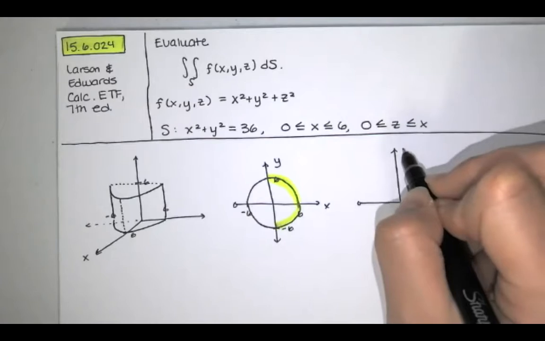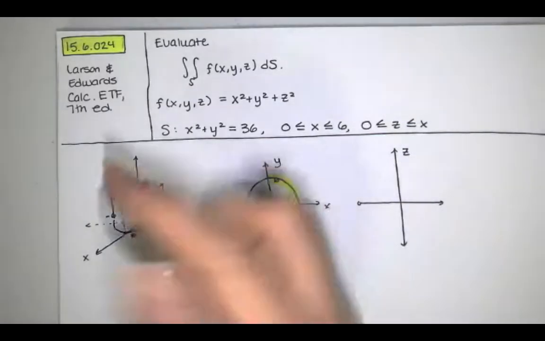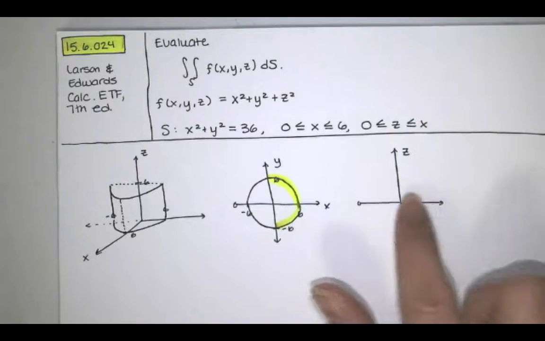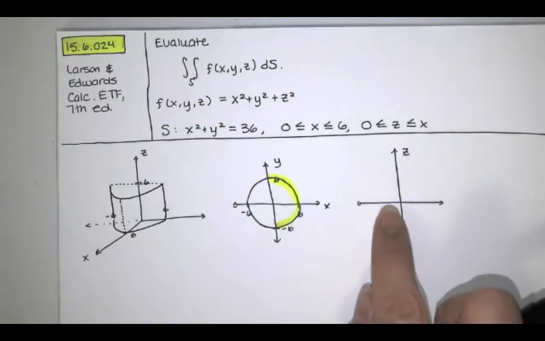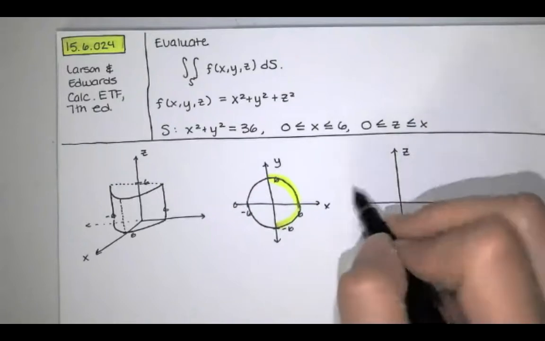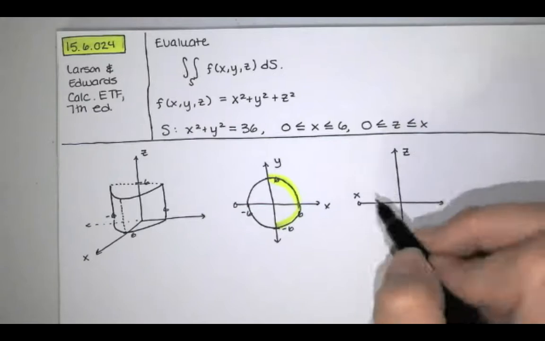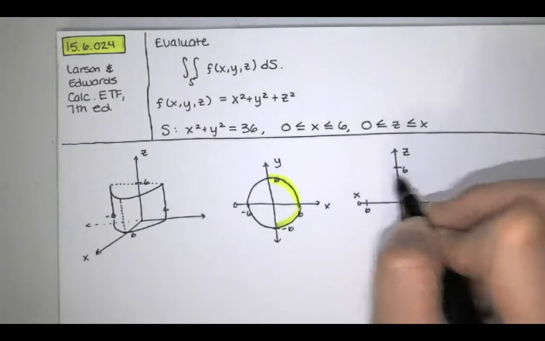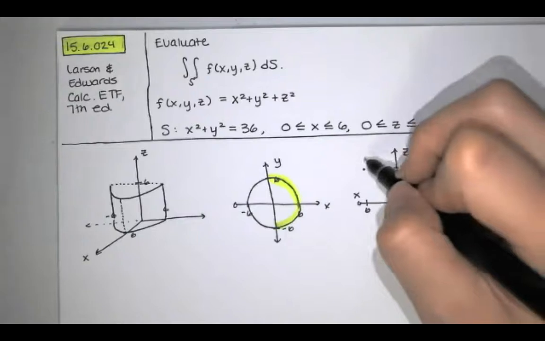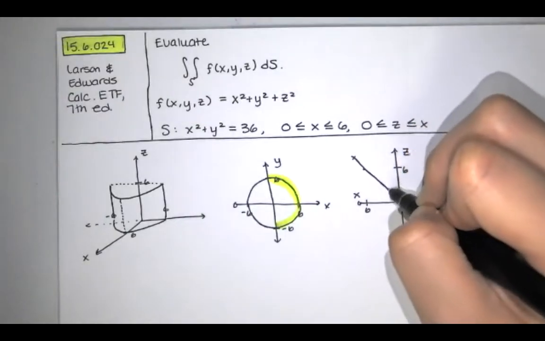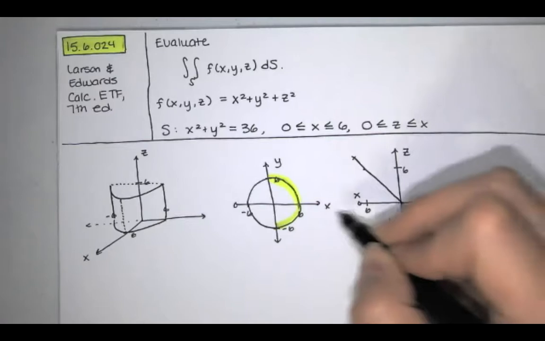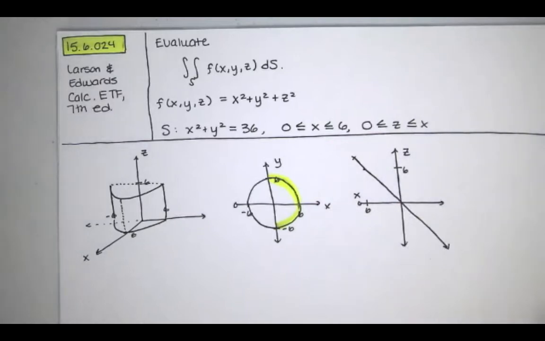So if this is the z-axis, and since I'm in a right-handed coordinate system, rather than drawing my x-axis on the far right, I'm going to label my positive x-axis on the left. So what we're going to see is the line z equals x, which would look like this if our positive x-axis is over here on the left.